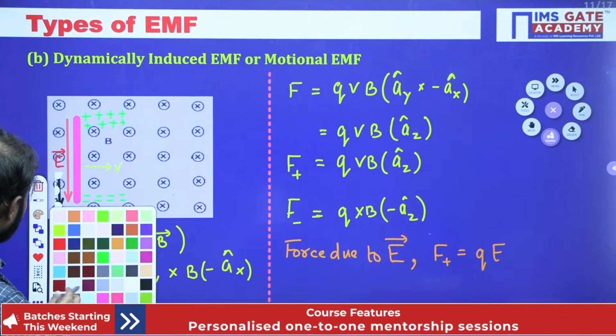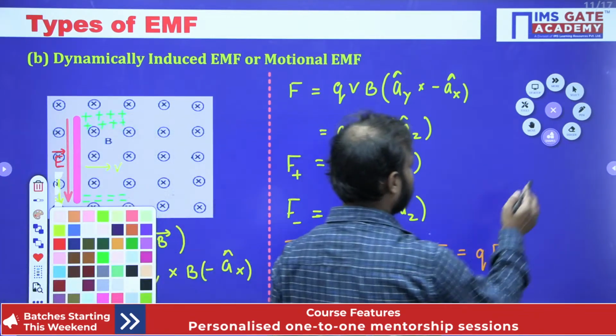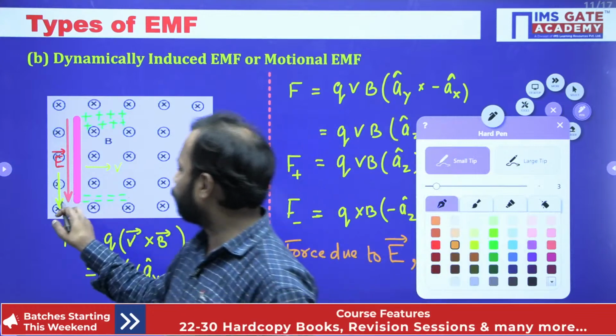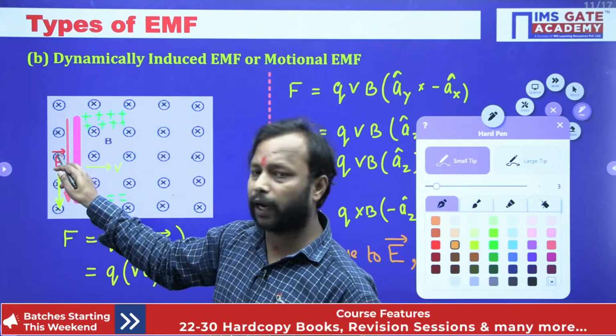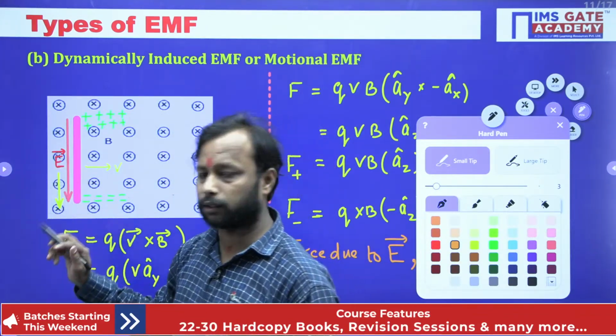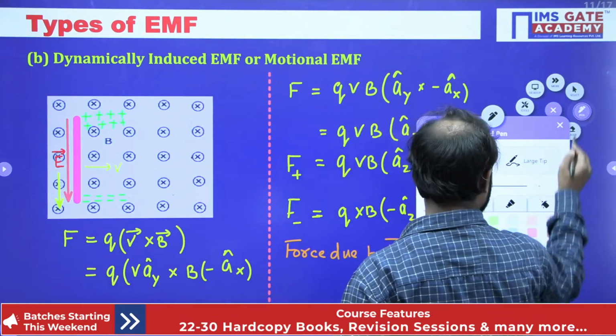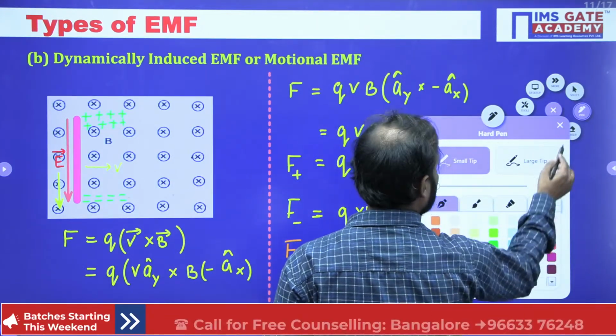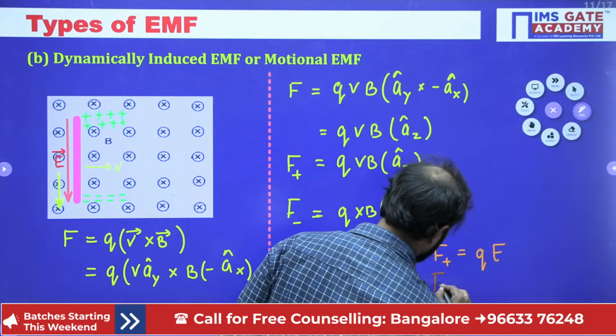Please let me know which color is visible. Okay, let me make it yellow. So this is the force due to the presence of the electric field on the positive charge. Now what about the negative charge?